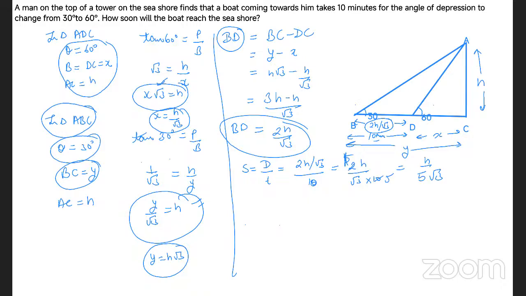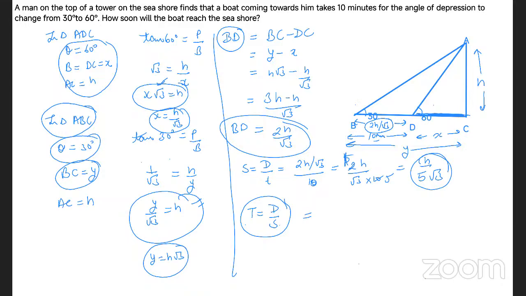Now another formula is time is equal to distance upon speed. Because I have to calculate the time in this area, I got the speed, which is H upon 5√3, and the distance is X, which is H upon √3.